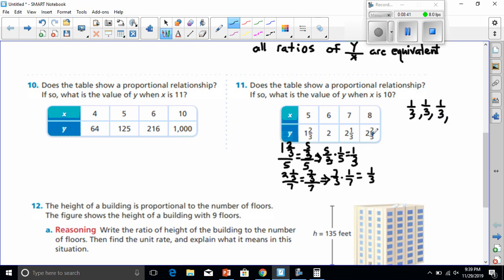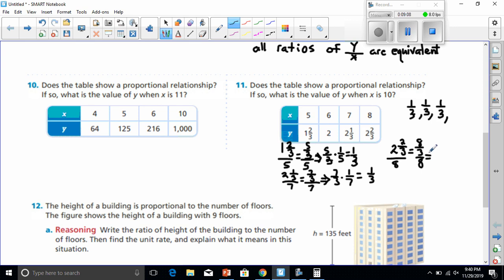And this last one here is 2 and 2/3. Let's see, 2 and 2/3 divided by 8. Well, 3 times 2 is 6, and 6 plus 2 is 8. So this is going to equal 8 over 3 divided by 8.